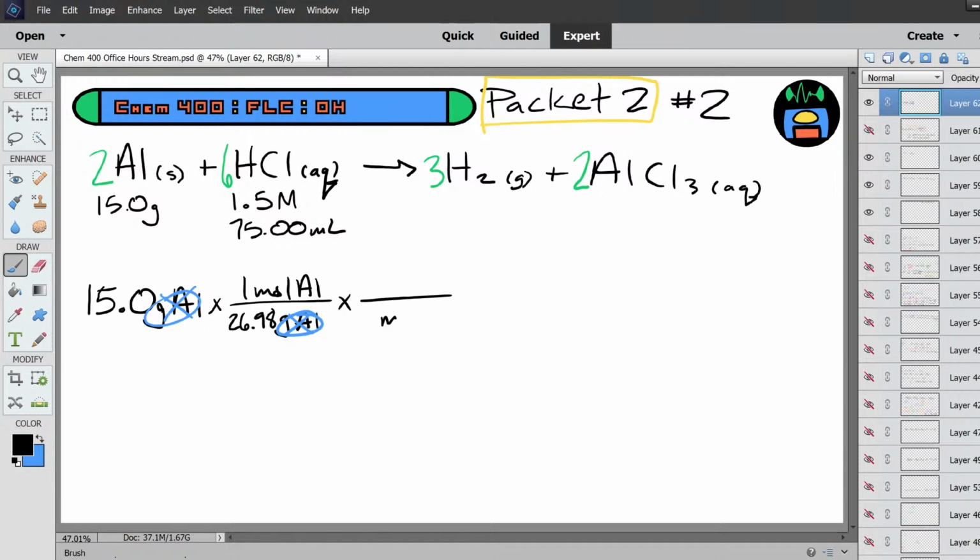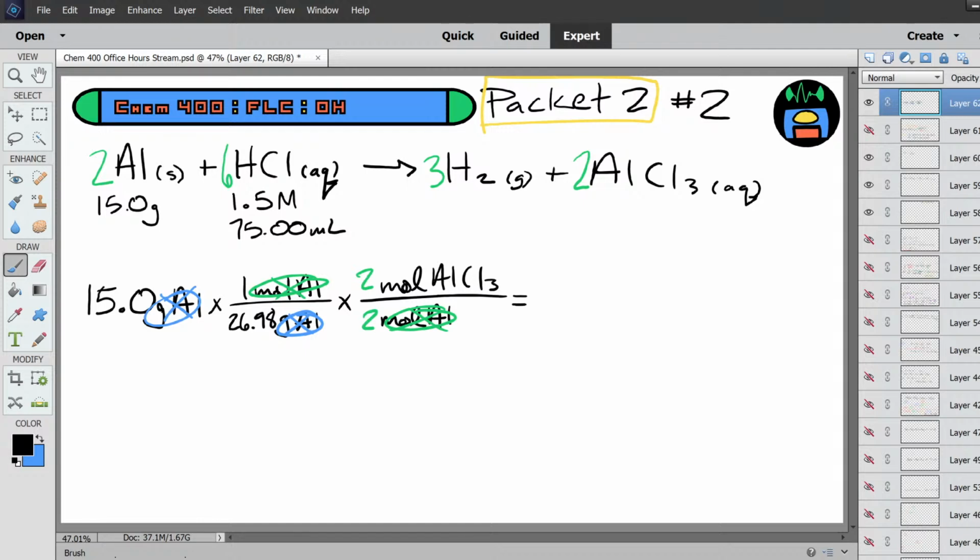Next, we want to convert from moles of aluminum to moles of aluminum chloride. And this unit conversion we get straight from the balanced chemical equation. 2 moles of aluminum produce 2 moles of aluminum chloride. And we can stop there. We don't have to go to grams because we're trying to find molarity, so we just want to know how many moles of aluminum chloride are produced.